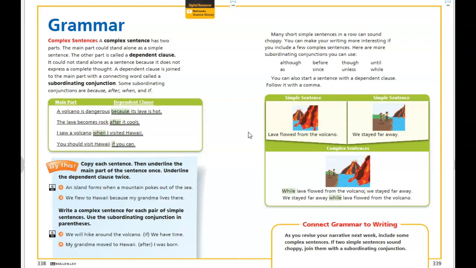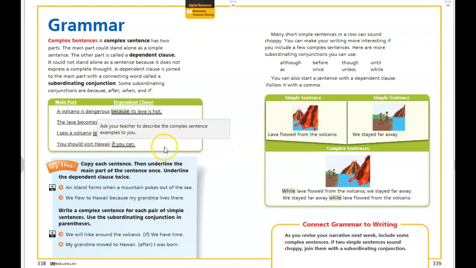I saw a volcano when I visited Hawaii. I saw a volcano could be a complete sentence by itself. When I visited Hawaii definitely would not make sense on its own. But when we put them together using our conjunction, when, then it makes a complex sentence. I saw a volcano when I visited Hawaii.